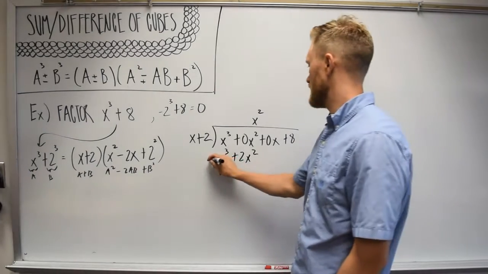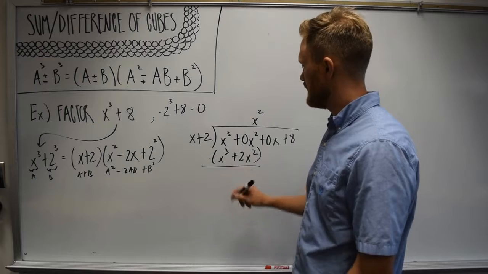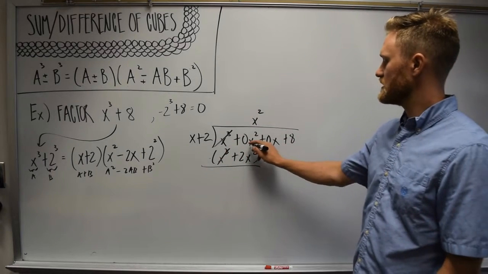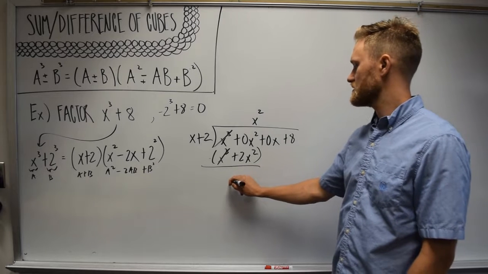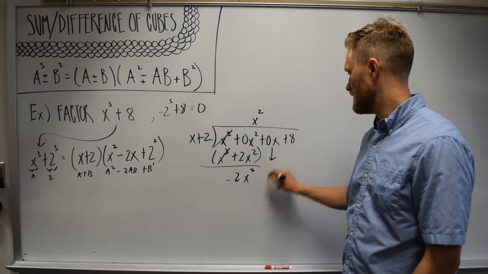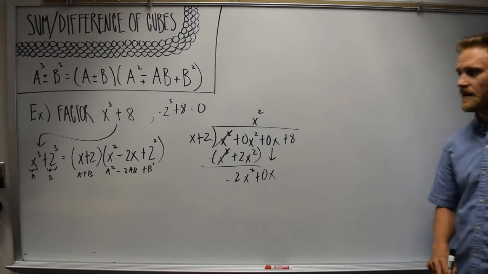And then we're going to subtract these. x cubed minus x cubed is 0, so we can get rid of those. 0x squared minus 2x squared gives us negative 2x squared. And then we bring down our next term, and then we're going to repeat the process.